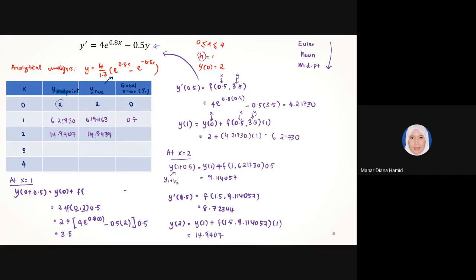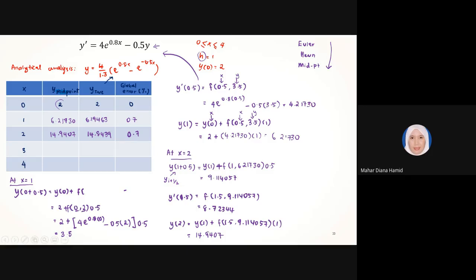And if we calculate the global error, it would be equal to 0.7, nearly 0.6. So as you can see, the global error for the midpoint method seems to be static or decreasing. It's due to the fact that its accuracy is quite higher compared to HEUN'S and also Euler's method.